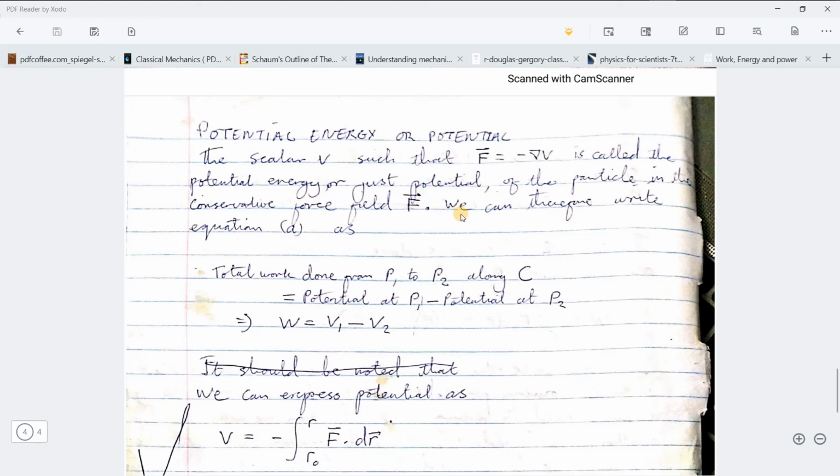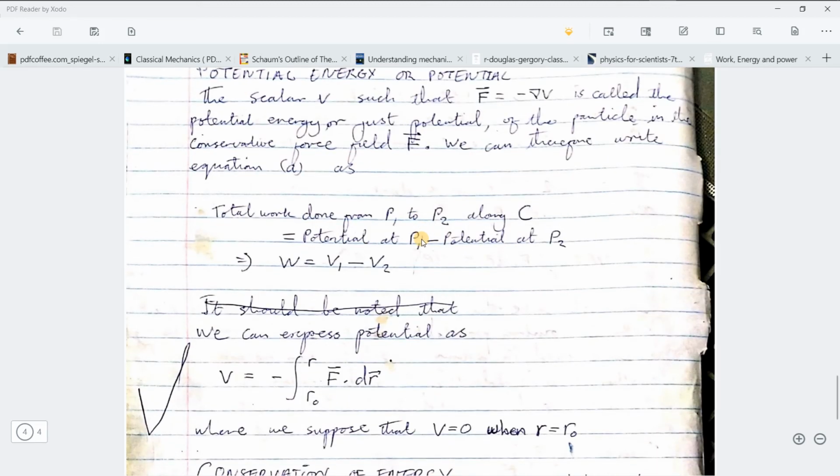Alright, we can therefore write equation A as work equals V1 minus V2. So work is equal to the potential at point 1 minus the potential at point 2, referring to the diagram we saw initially.